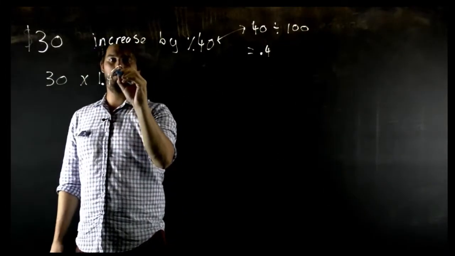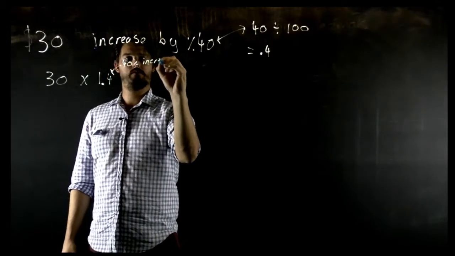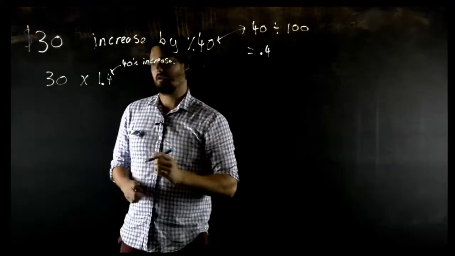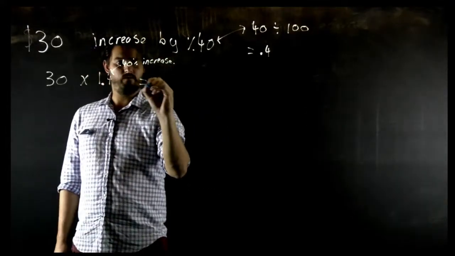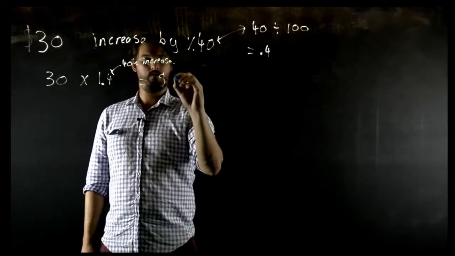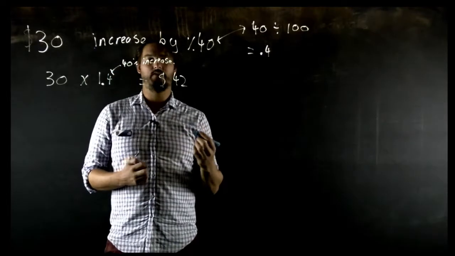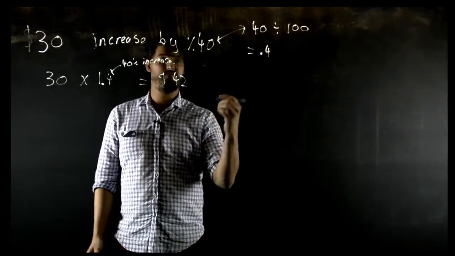The 4 here represents our 40% increase. So 30 times 1.4 is going to equal $42.